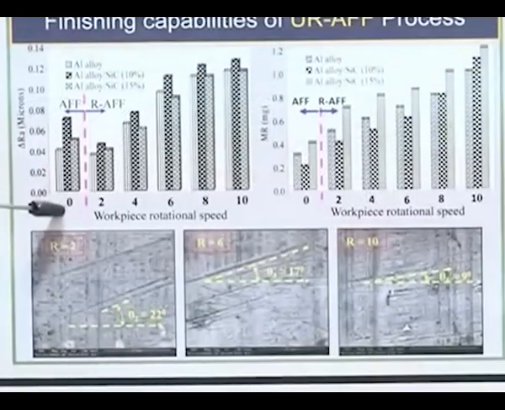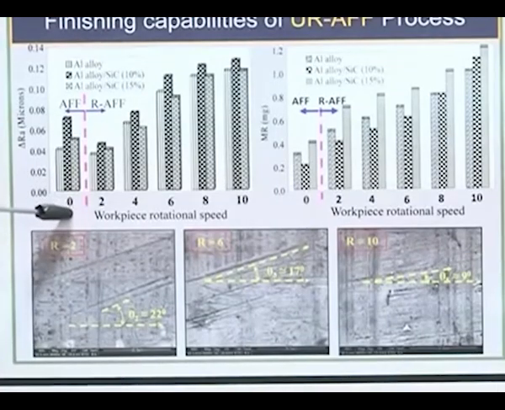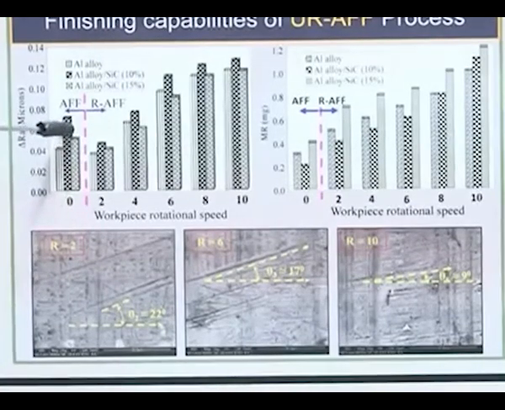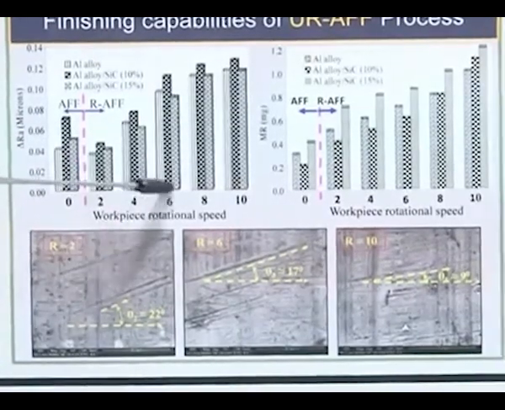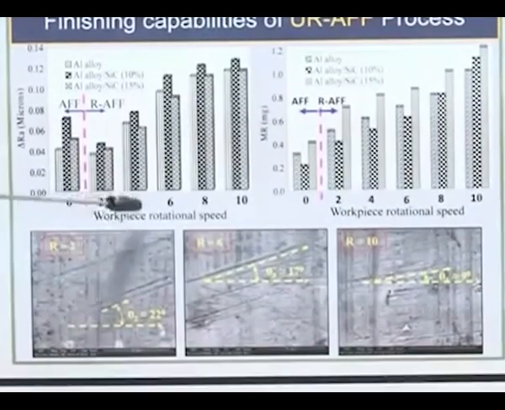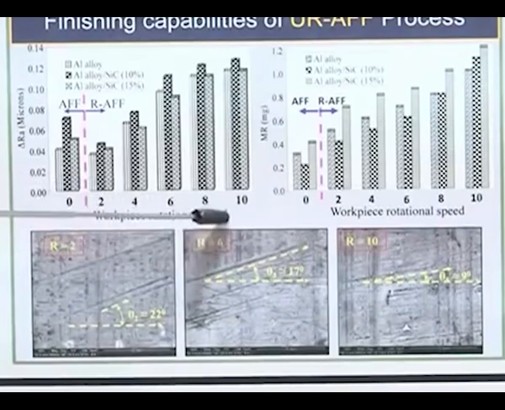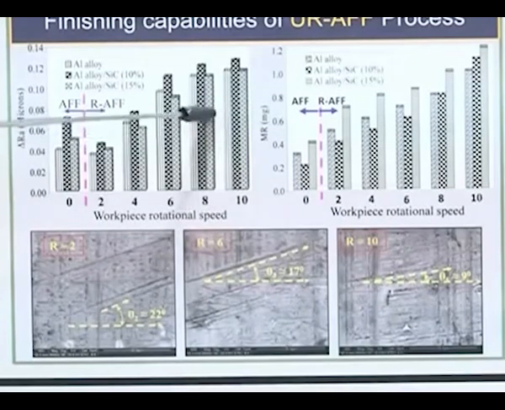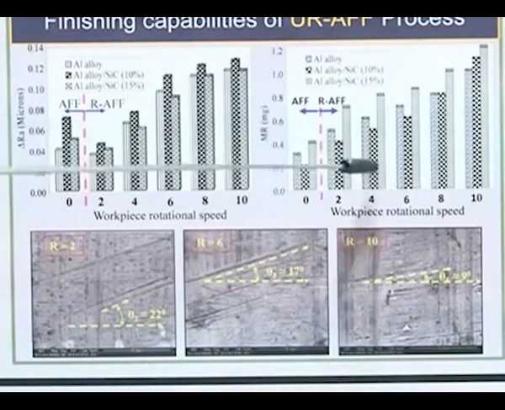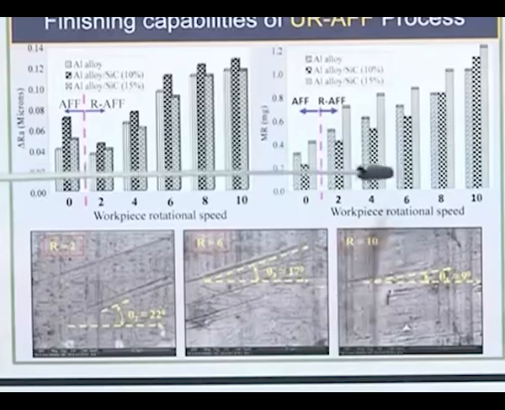Here you have seen 0 RPM, that means it is the abrasive flow finishing process, and here it is the rotational abrasive flow finishing process. You can see in the rotational abrasive flow finishing process, as the rotation increases, the material removal rate as well as the surface finish that we are achieving will be higher.